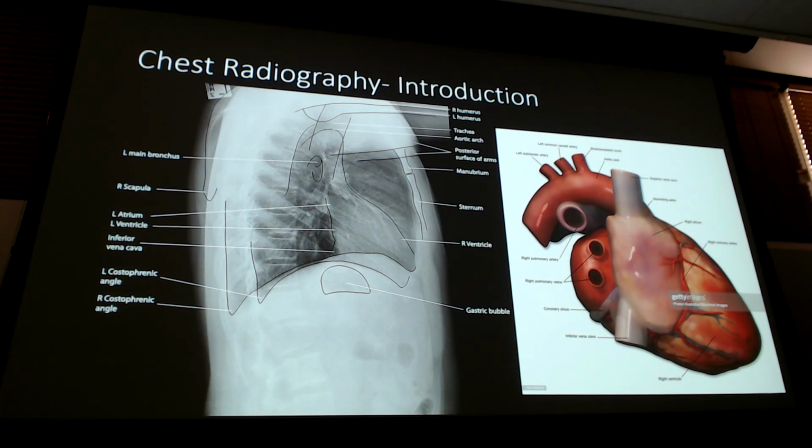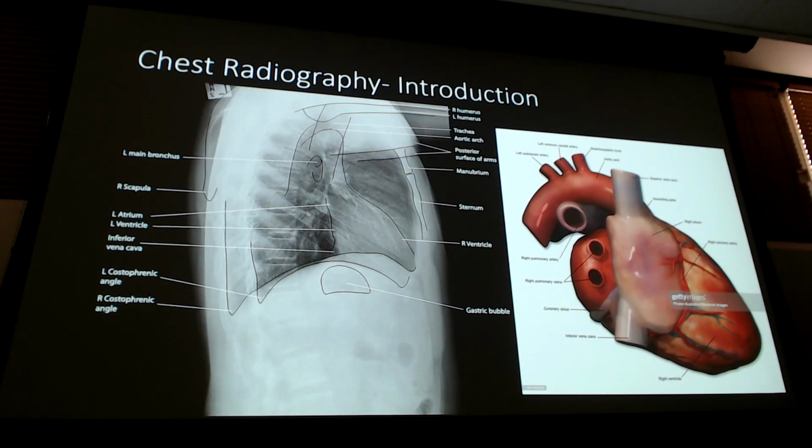What else on this one? Scapula, humerus up here. Really the biggest piece of this, we're going to learn what to look at here. See all these stripy lines? Those are all your ribs coming down and across. Lateral is mostly used to look for what's called hidden spaces on the PA.